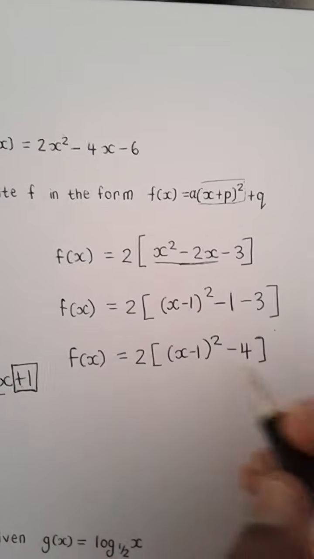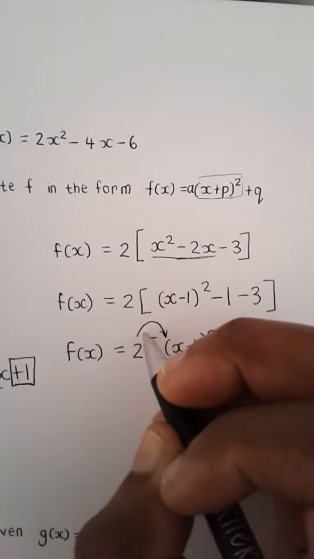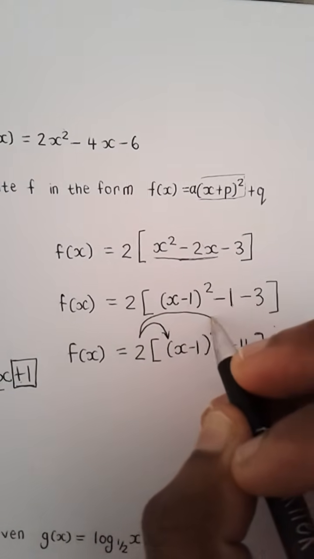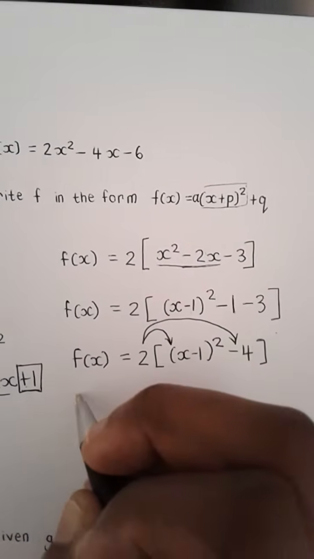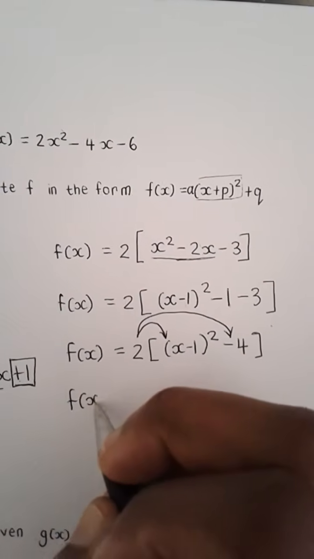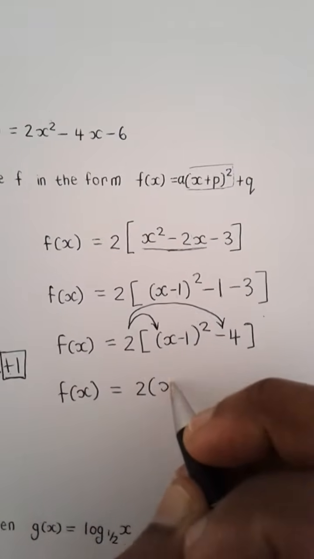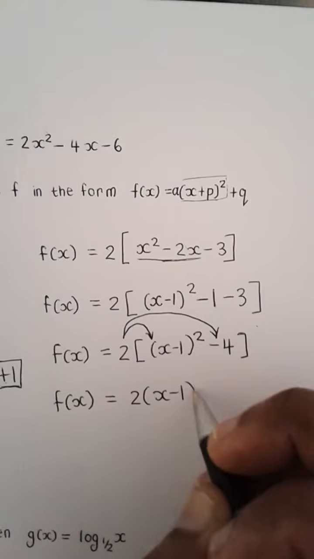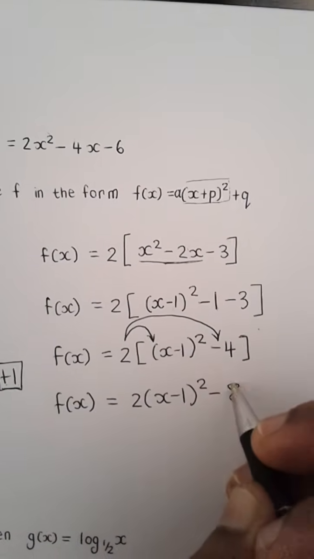Then we'll finish this off by distributing this 2 that we factored out back into our bracket. Okay, so then we'll have f of x is equal to 2 times the bracket x minus 1 all squared, right, minus 8.